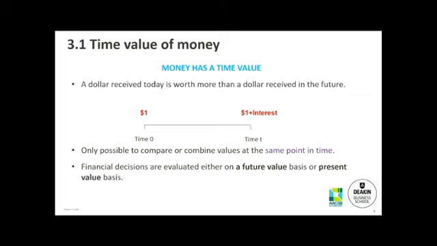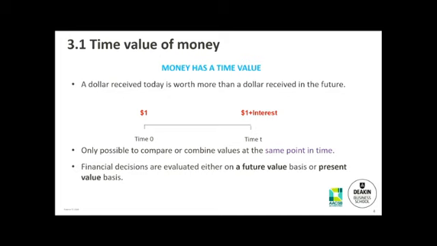Financial decisions are evaluated either on a future value basis or present value basis. Because in most cases, when we talk about financial decisions, we have to consider all of the cash flows of the project. To this end, we have to figure out an approach to bring all of the cash flows to the same point in time.